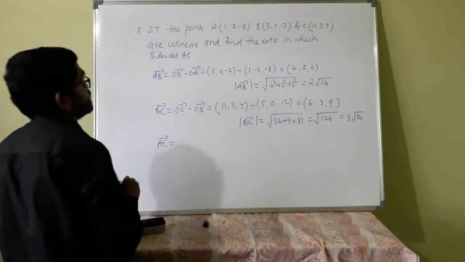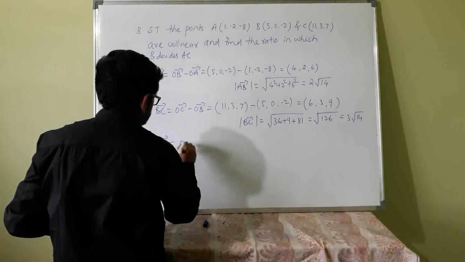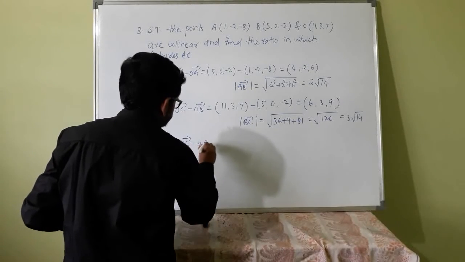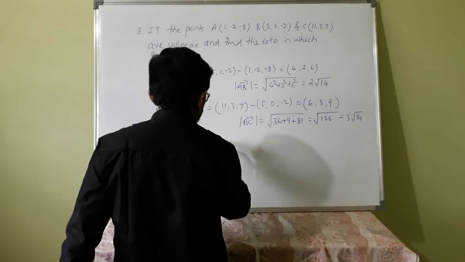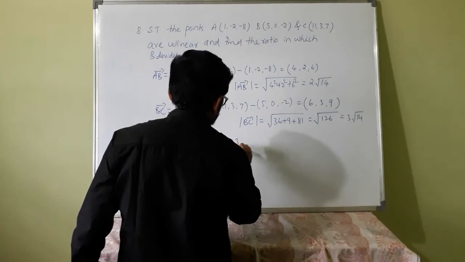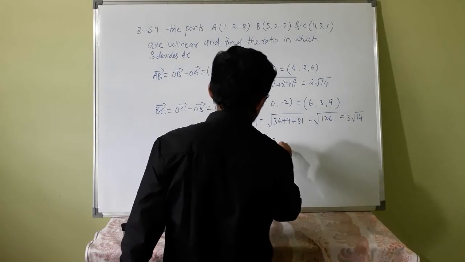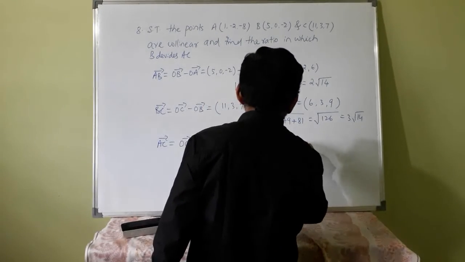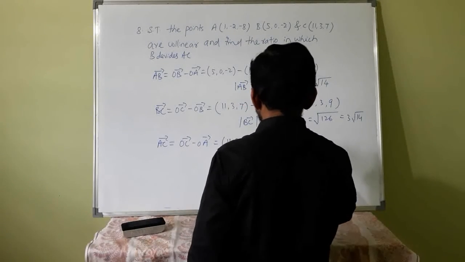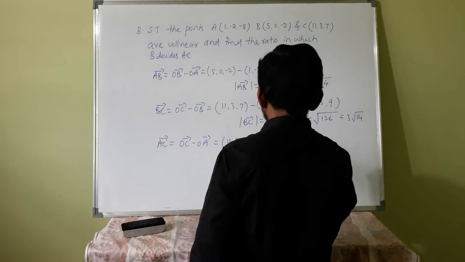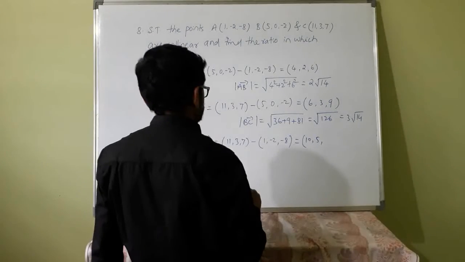AC is OC minus OA, isn't it? 11, 3 and 7 minus 1, minus 2 and minus 8, that is 10, 5, 15.